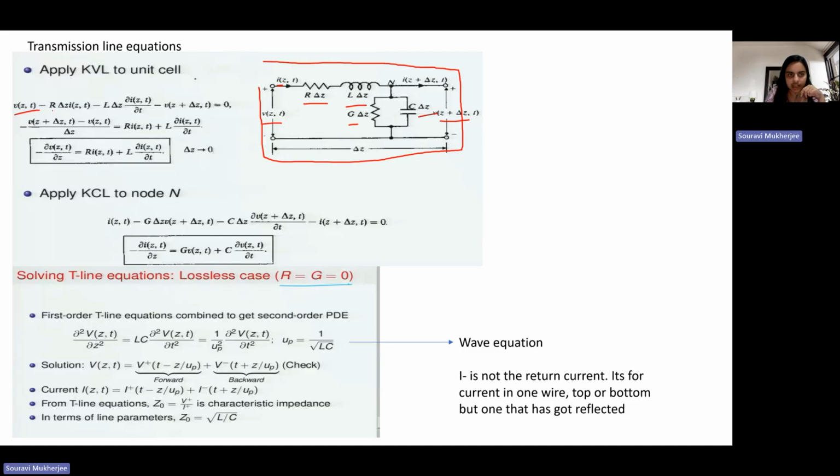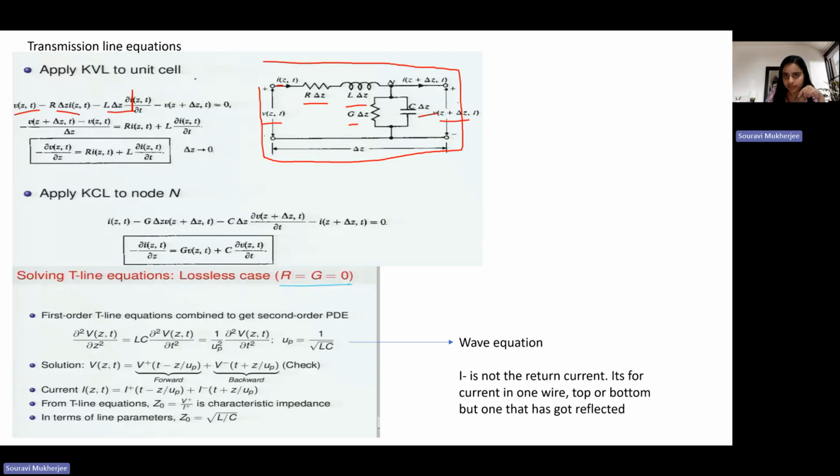Then there is a minus I R delta Z that comes from this; R delta Z is the resistance, and I into R is your potential drop across the resistor. Then you have L delta Z into di dt, which is the drop across the inductor, right?